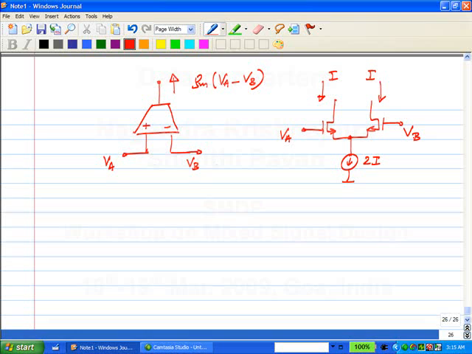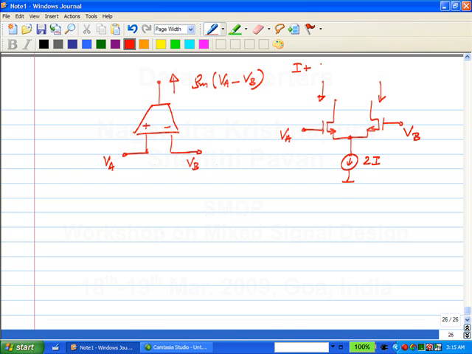The current on the left will be more than the current on the right, okay? By how much more? The current on the left will be I plus some GM.